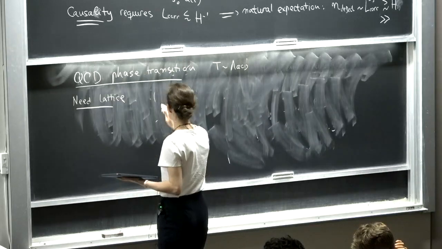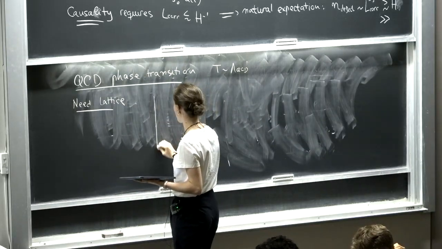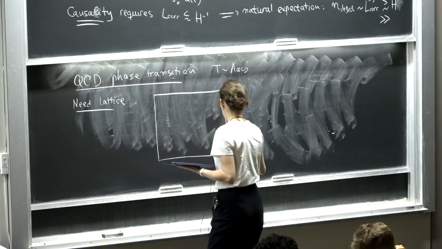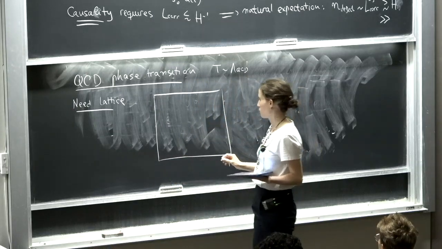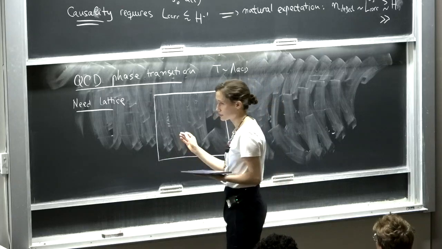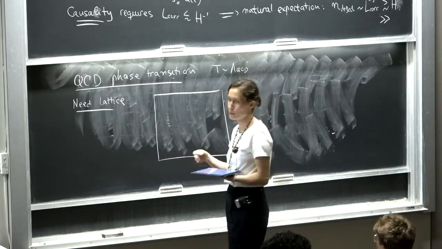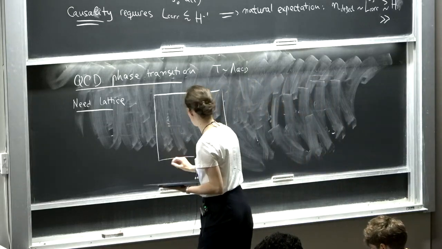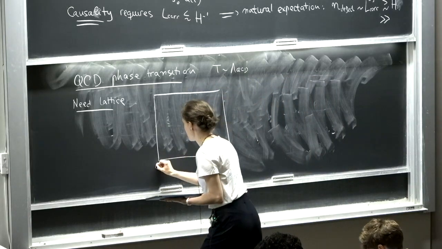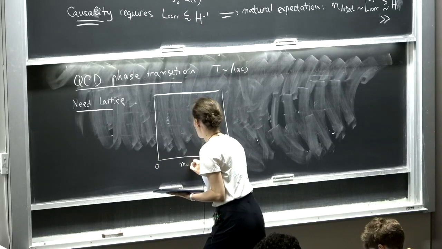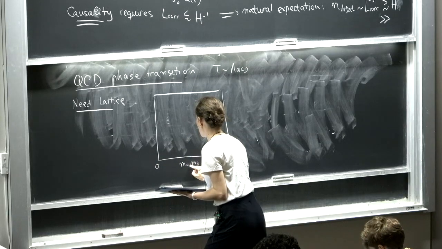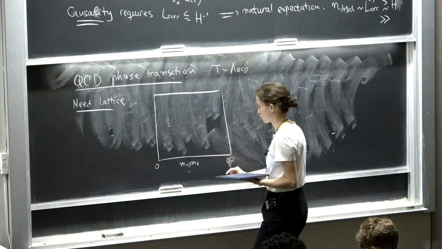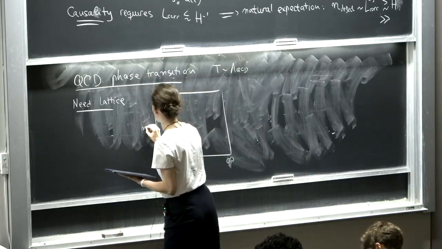From the lattice, if you just look at the phase diagram for SU(3) gauge theory, the answer actually depends a lot on how many light quark flavors there are, okay? So let's assume the masses of the up and down quarks are the same, and we can vary them from 0 to infinity, and here we have a third quark.